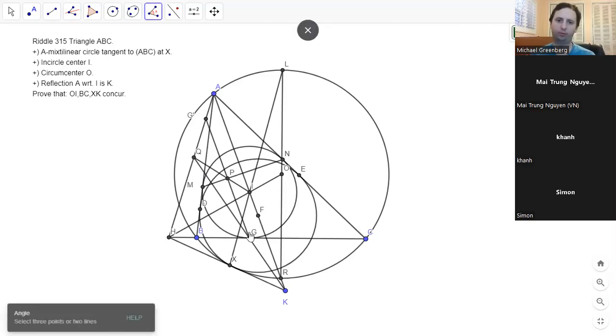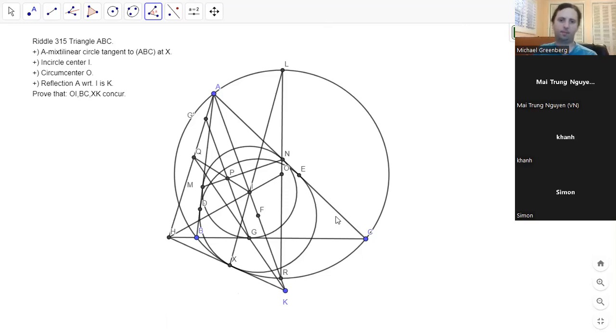So we want to show GIHXK is harmonic. So of course this is the right angle.